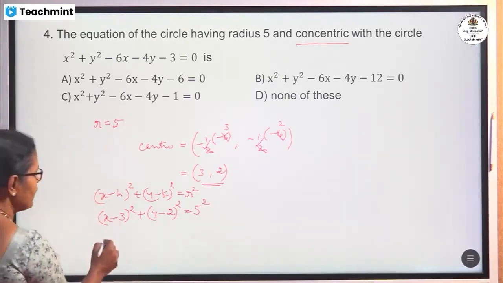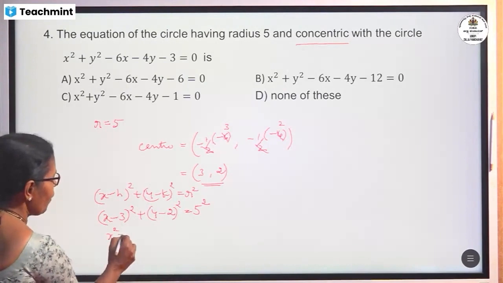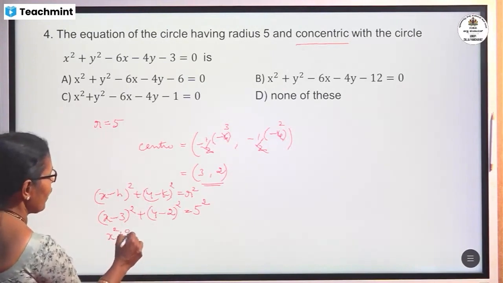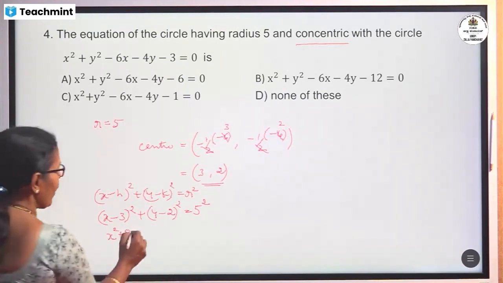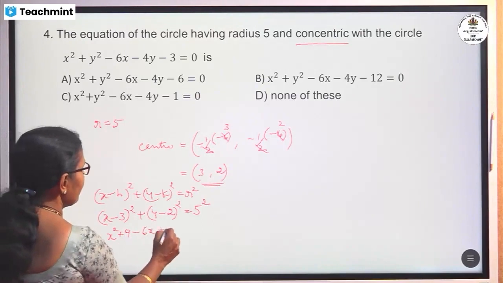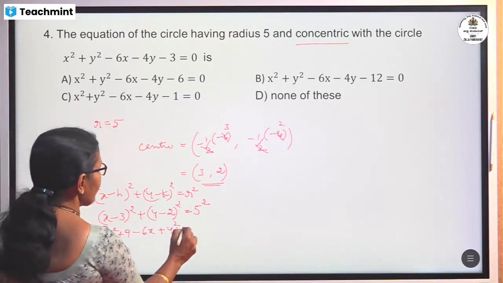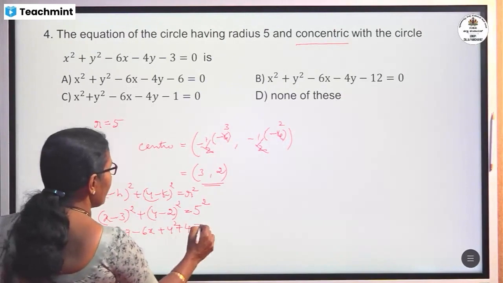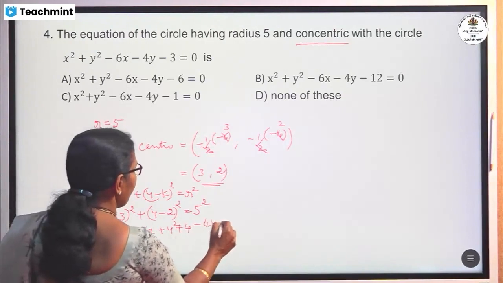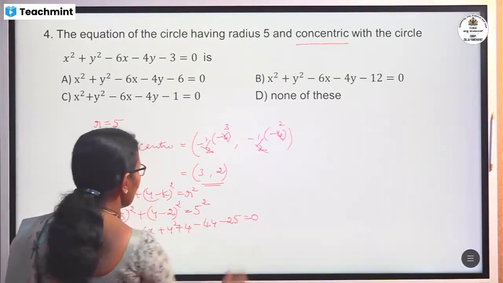When we expand this one, we get x square plus 9 minus 6x, and y square plus 4 minus 4y, minus 25 equal to 0.